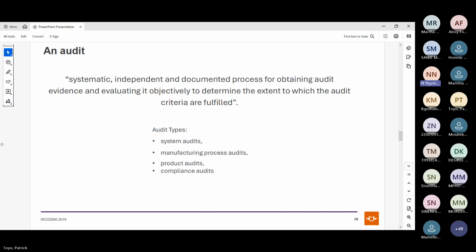So correct, there are different types of audits, right? When it comes to systems audits, it speaks to the management system that you have in place. It could be a quality management system, an occupational health and safety management system, or ISO 14001, which is your environmental management system.